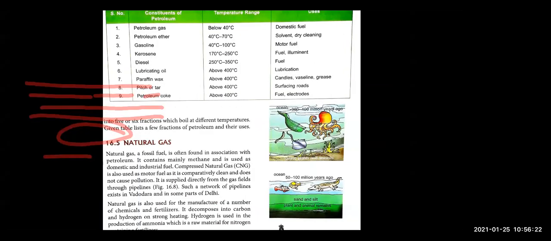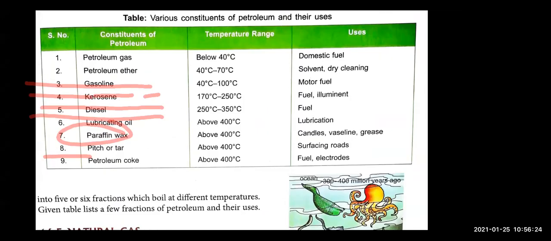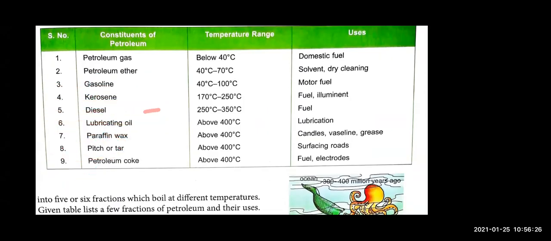Here on the next page, they have shown you the table regarding the constituents of petroleum. That means what did you get from petroleum? These are the fractions of petroleum. The crude oil is put in a furnace, and the furnace is heated at a very high temperature.